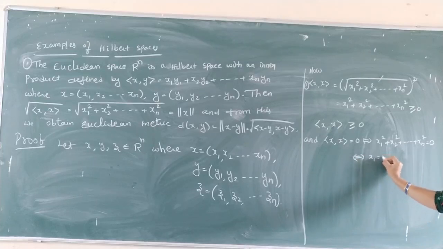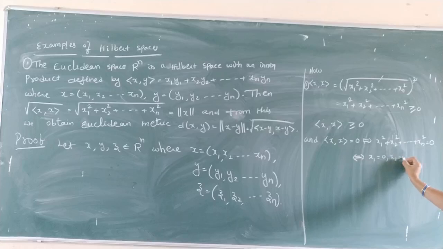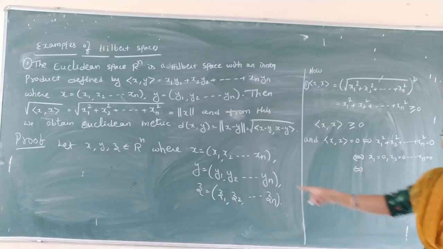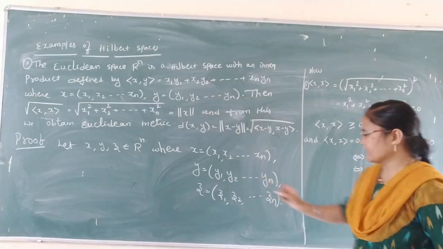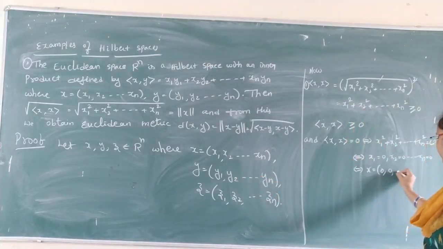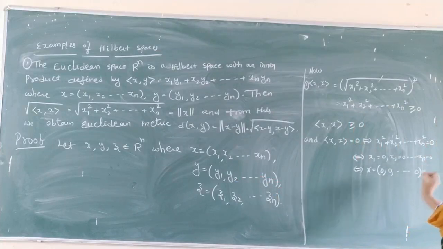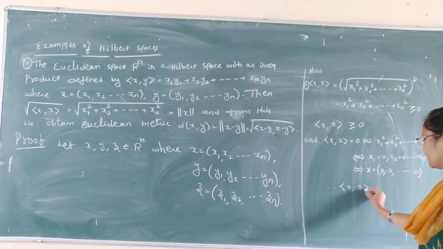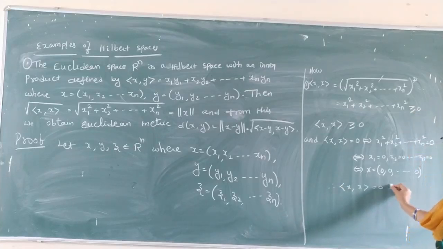So x1 is 0, x2 is 0, and so on xn is 0. So all the x1, x2 and so on are zeros, which means the complete x goes to 0. So x is equal to 0, comma 0, comma and so on 0. So what we got: the inner product of x comma x is equal to 0 if and only if x is equal to 0.